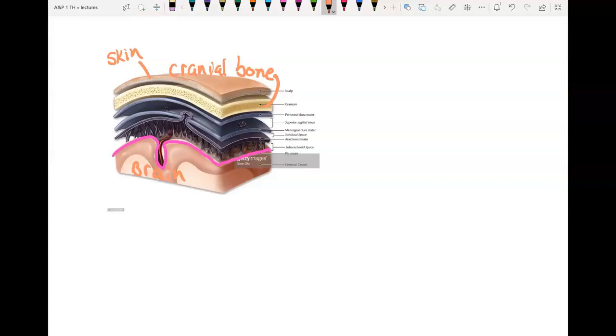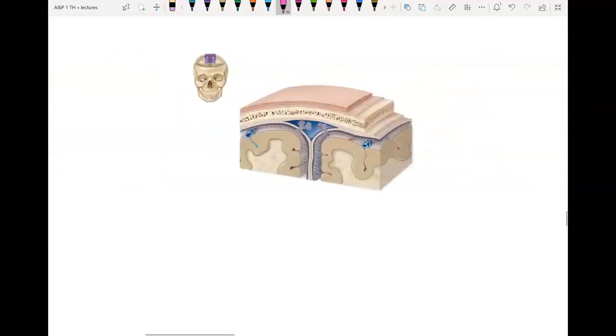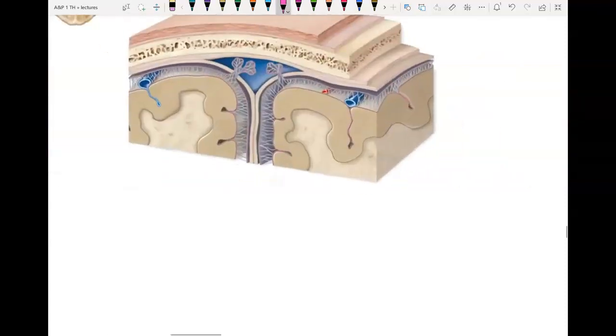So the first layer of meninges is that pia mater. You can see it's right on the surface of the brain. If we come over here, it's this part here, right on the surface of the brain. You can see it follows down all the little fissures in the brain.